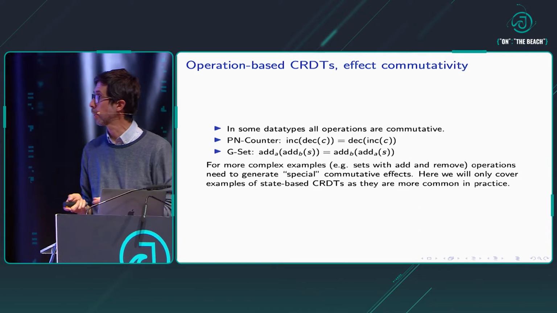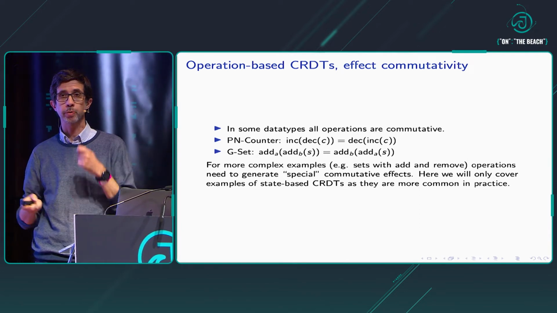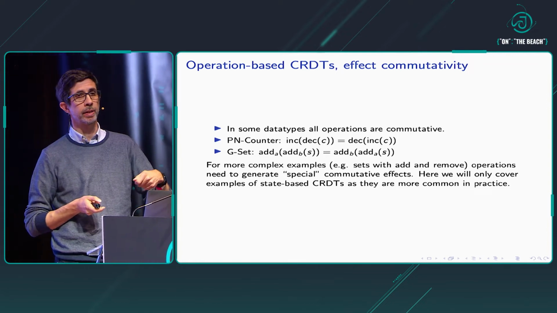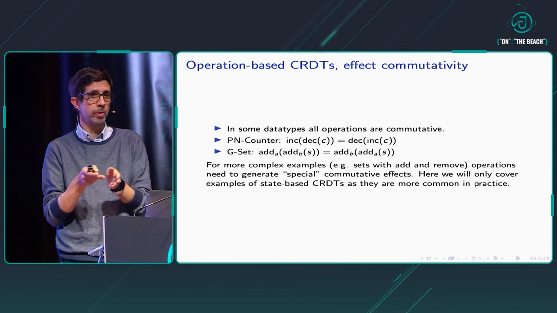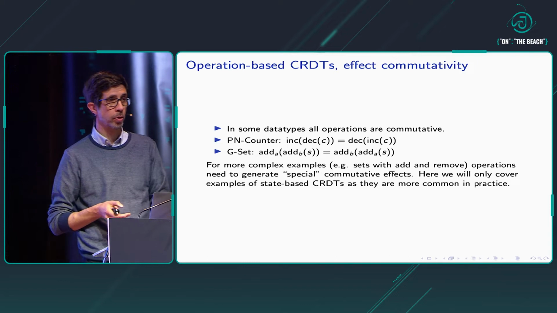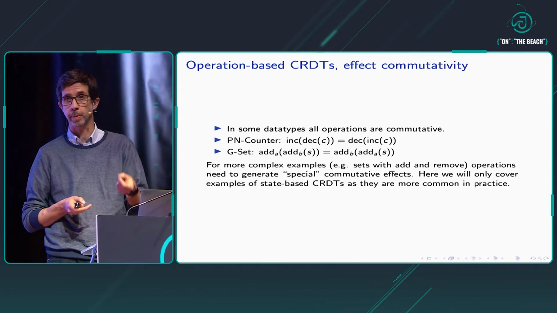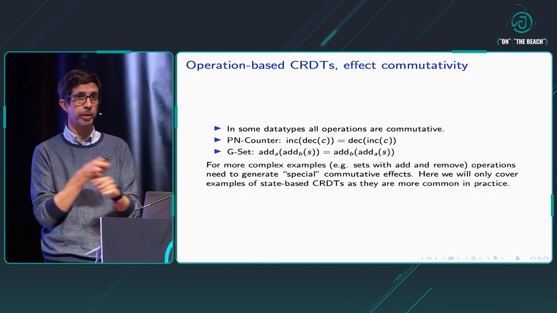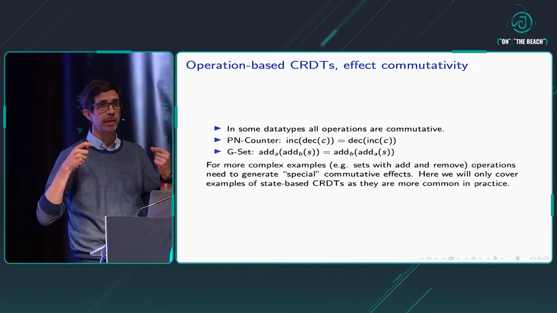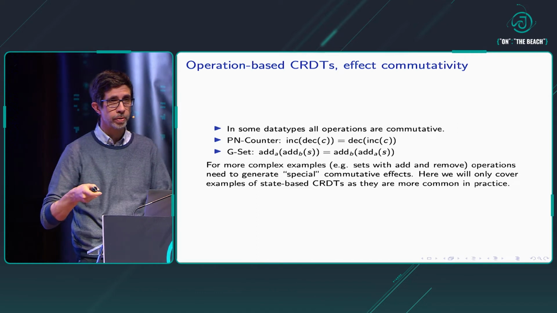So here there are two examples. One is a counter. So if you look at a counter that starts at 0, either you first decrement and then increment, you end up with 0 again. So if you switch the order, you get the same outcome. So a counter with increments and decrements, you can shuffle the order of the operations and you get the same outcome, as long as you apply the same number and type of operations.